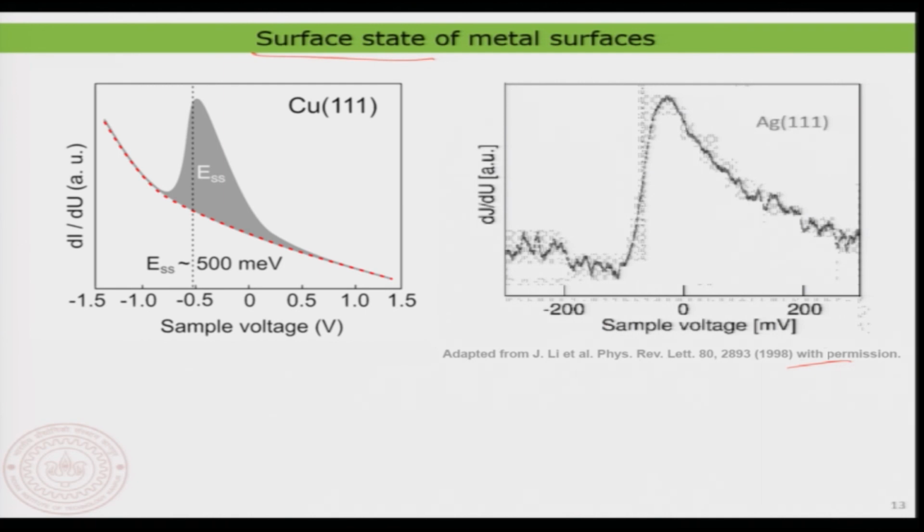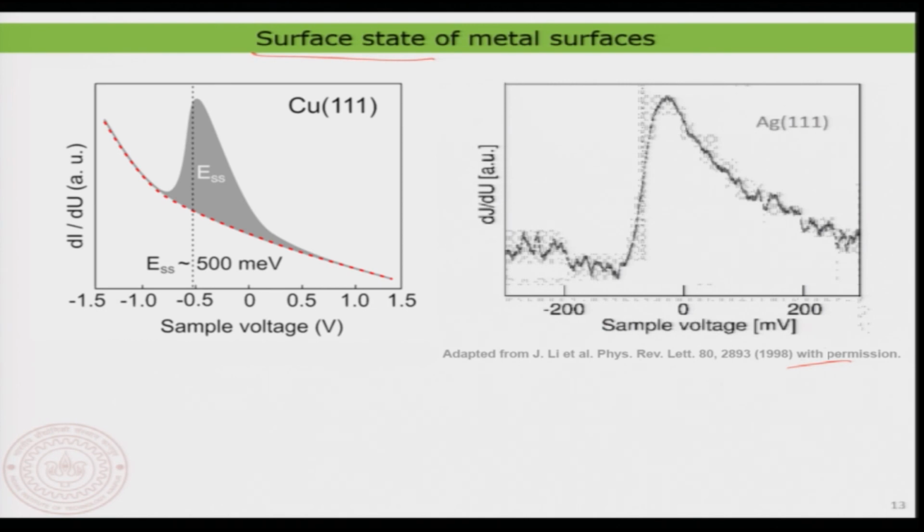And if you look at the energy, it is approximately 500 milli electron volt negative with respect to the Fermi level. Yeah. So, that is why it is going down.